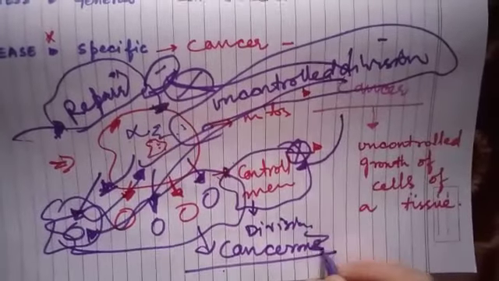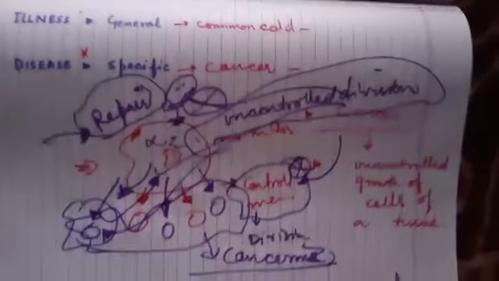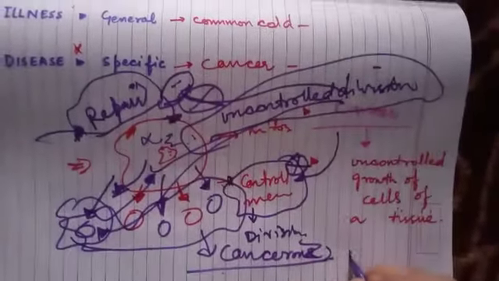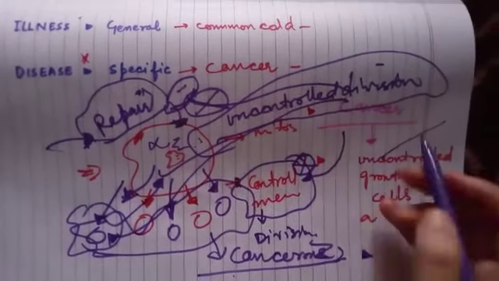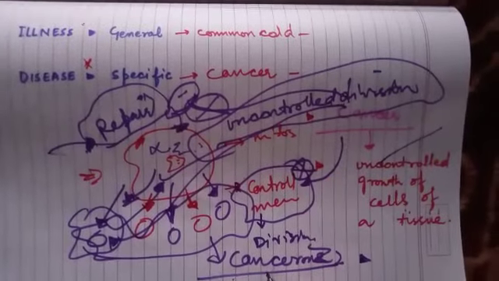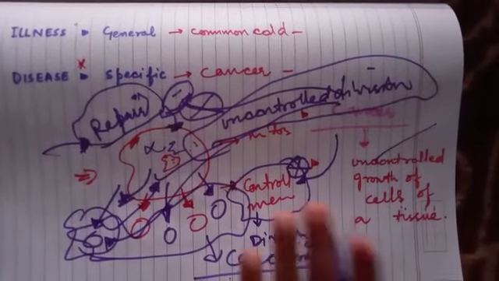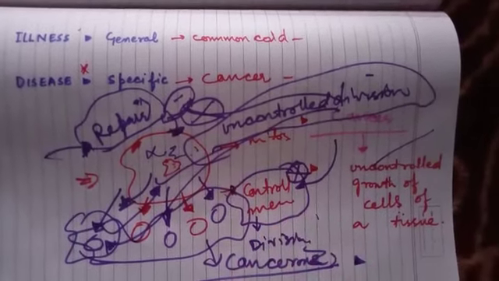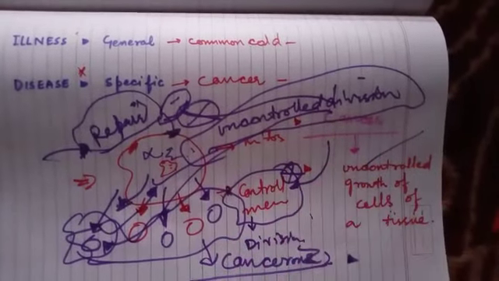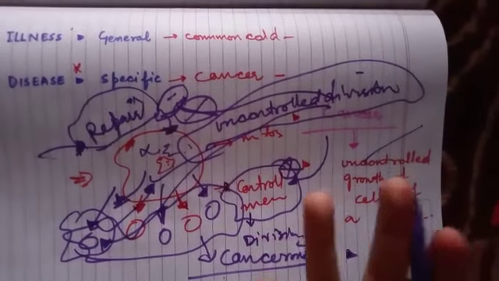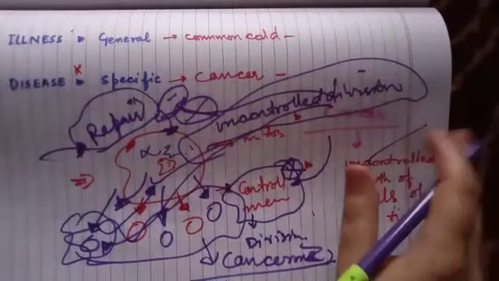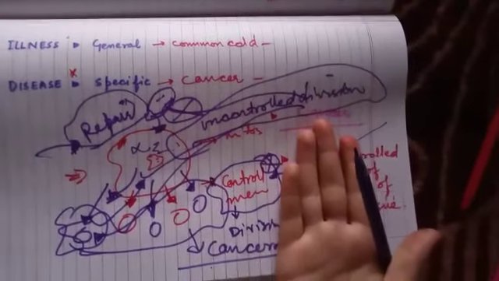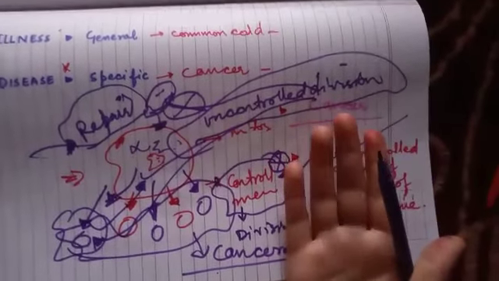There is much more in cancer to read, but here it was just an overview for you to understand what cancer actually is. It is the uncontrolled growth of cells, where our cells are corrupted, where the repair mechanisms, control mechanisms, and replication mechanisms of our cells are all corrupted by the genes of cancer.